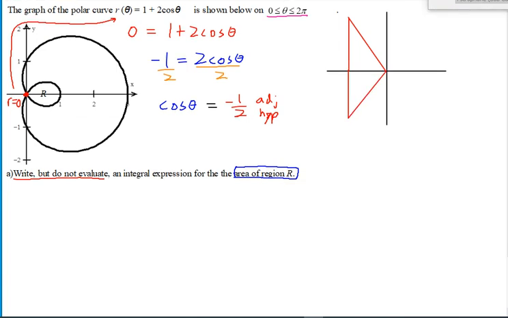So the adjacent's -1, hypotenuse is 2, so it'll be that quadrant or that quadrant. And we just have to figure out what are these angles.